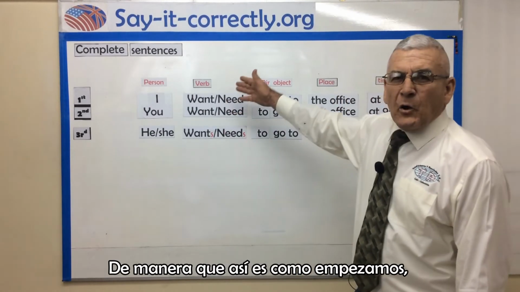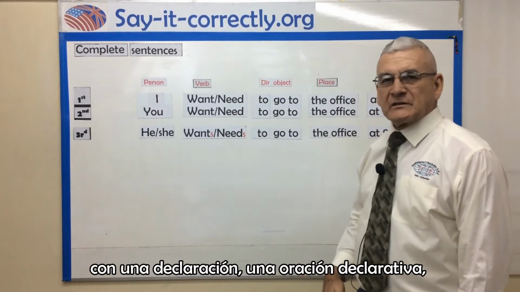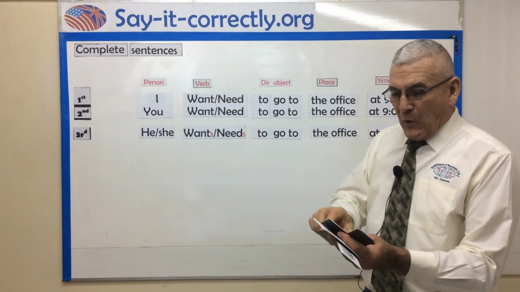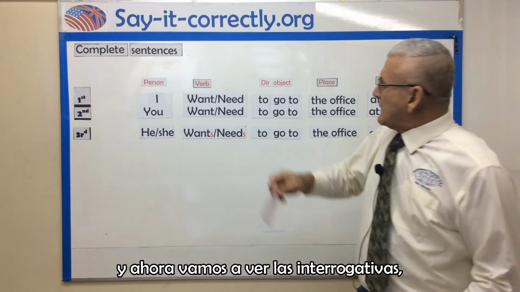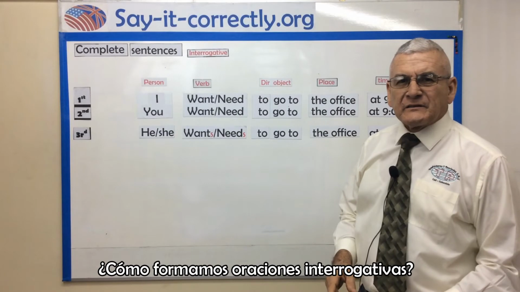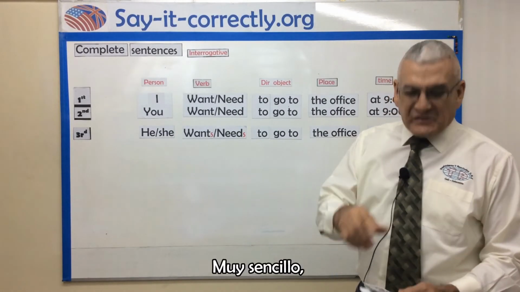So, this is how we began, with a statement, a declarative sentence. We already did the negative sentences, and now we are going to see the interrogative. How do we form interrogative sentences? That means, how do we ask questions? Very simple.